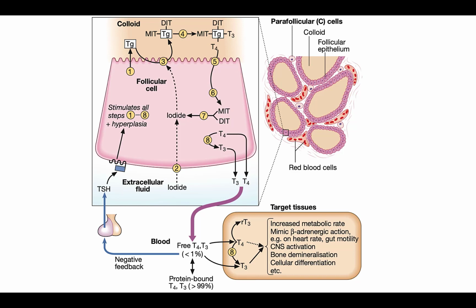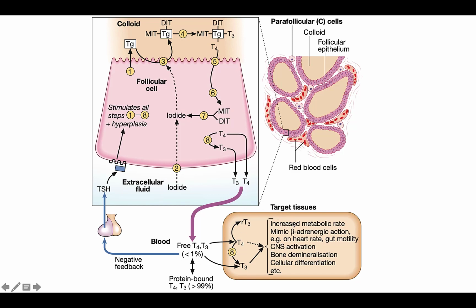And then after the synthesis of T3 and T4, they will bind to proteins, albumin and especially thyroxine binding globulin, and circulate in the blood. These are not the active form, and this consists of more than 99%. But the free T3 and T4 is less than 1%, and this is the active form we depend on in screening.